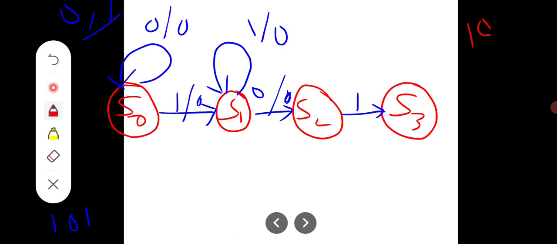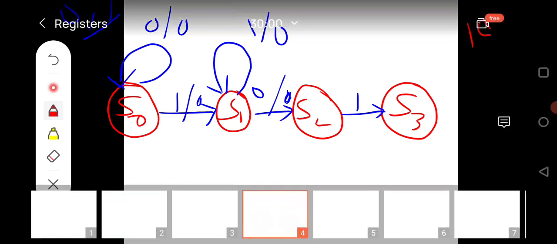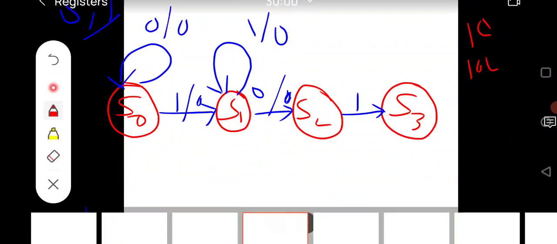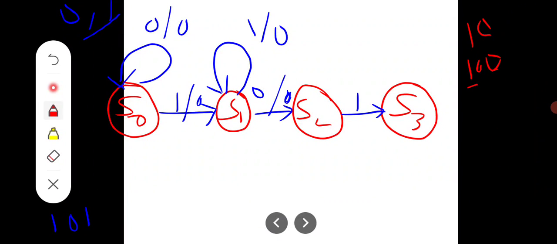So 1 at S1 and 1 0 at S2 state, 1 0 completed. Then whenever S2 state has a 0 input, our sequence is 1 0 0. The sequence is broken. Now మనకి కావాల్సిన actual sequence is 1 0 1, right? But here we are getting 1 0 0.